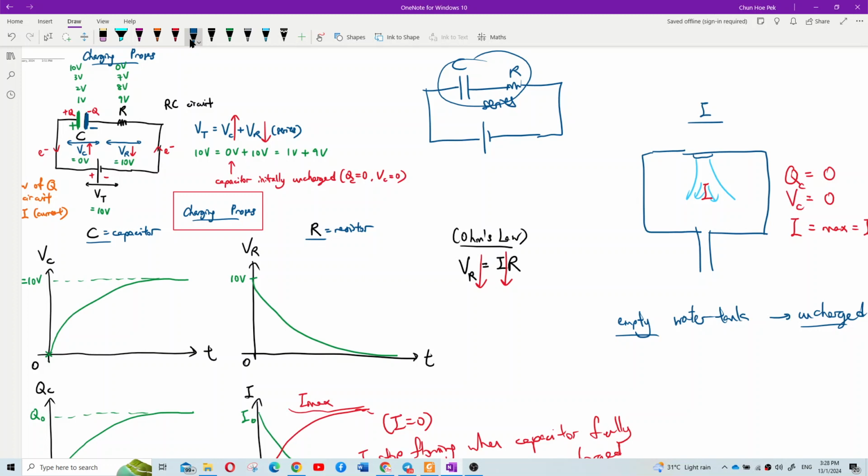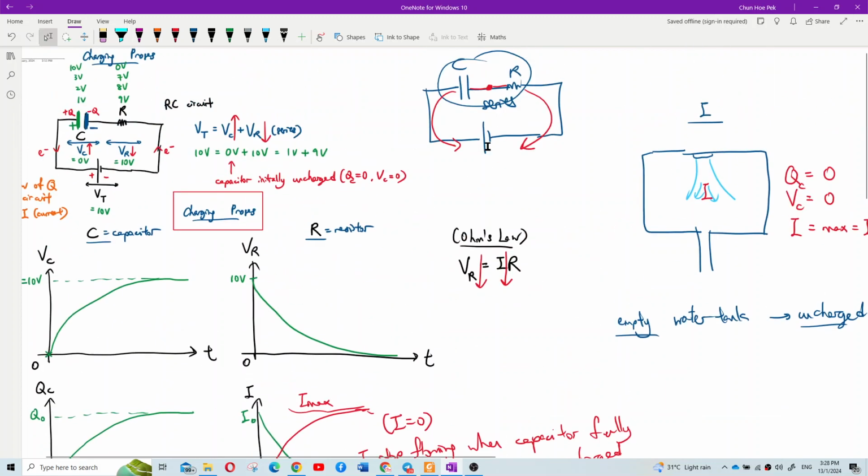Yes, they are in series, not parallel. Sebab dia cuma connected satu kaki saja. Satu kaki sambung. Kaki yang lain itu sambung bateri. So these two are in series.